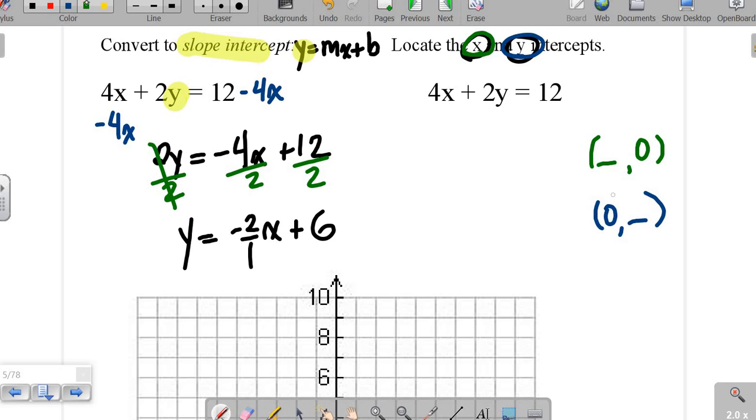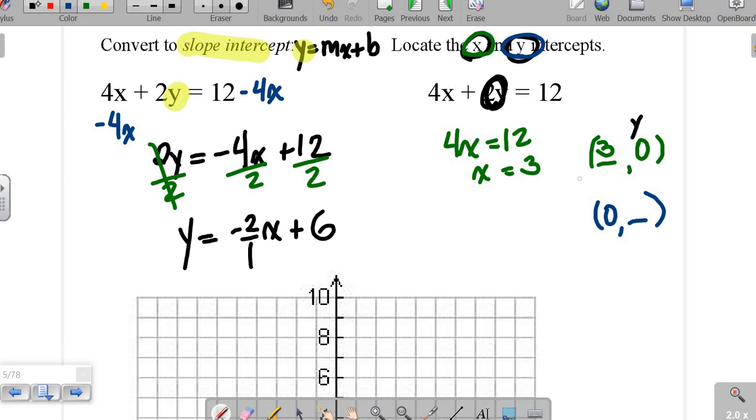So the way you solve this is, if we were to put a 0 in the y-coordinate, that would just make this 0. So we would get 4x equals 12. If you were to solve that, of course, you would get x equals 3. So our x-intercept is 3, 0.